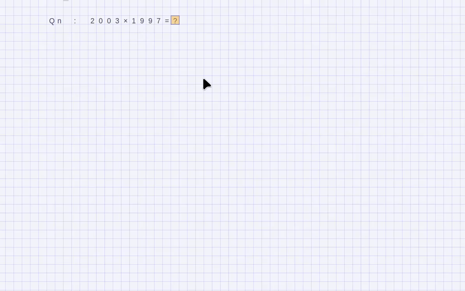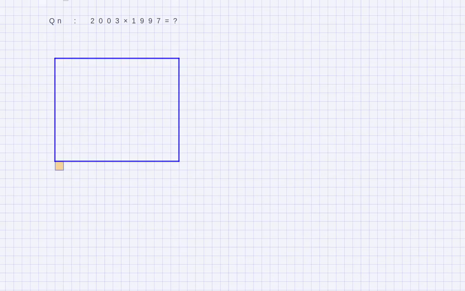I wonder if we can use this box thing to help us figure this out. We'll start with 2000 times 2000, and then correct it. So we want 2003, that part there is that side, and the other part to correct is minus 3 to get the 1997. And then when we multiply them out, it should give us the exact answer.